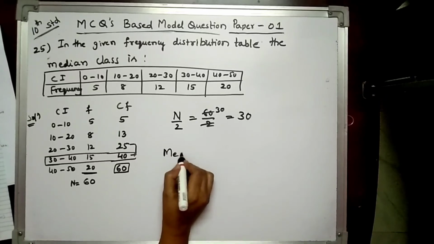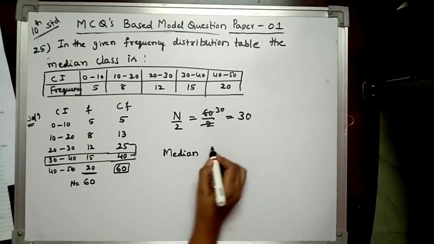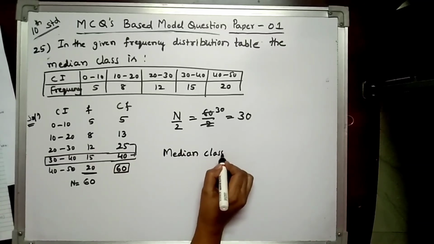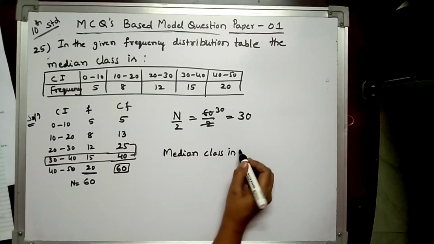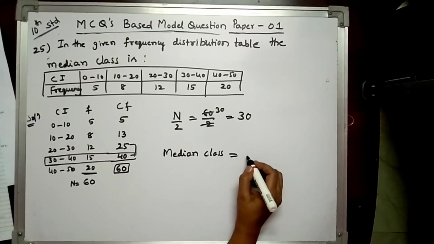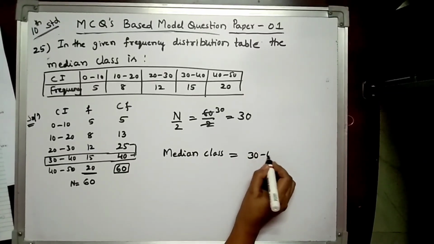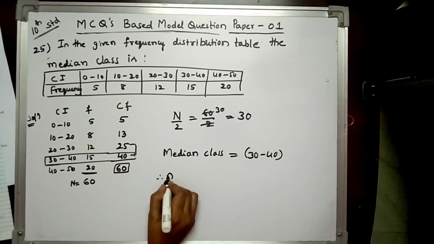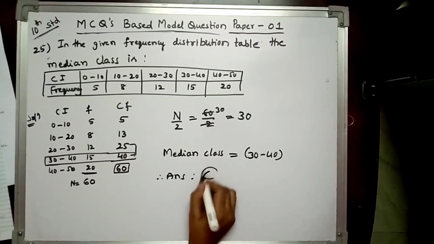The median class interval is 30 to 40. So option C. Therefore the answer is C.